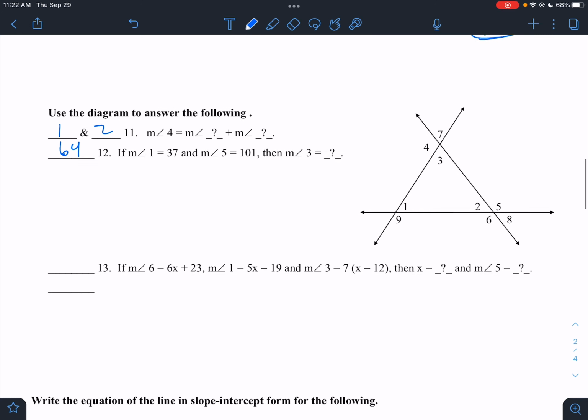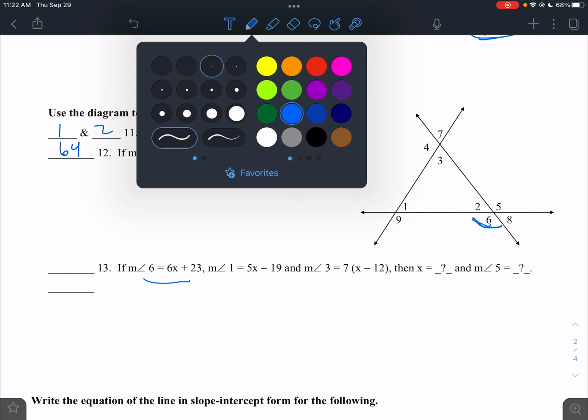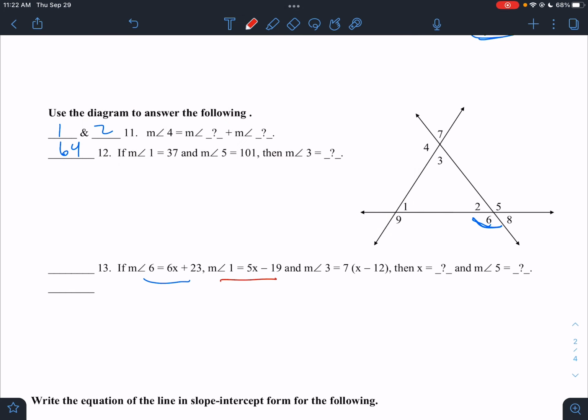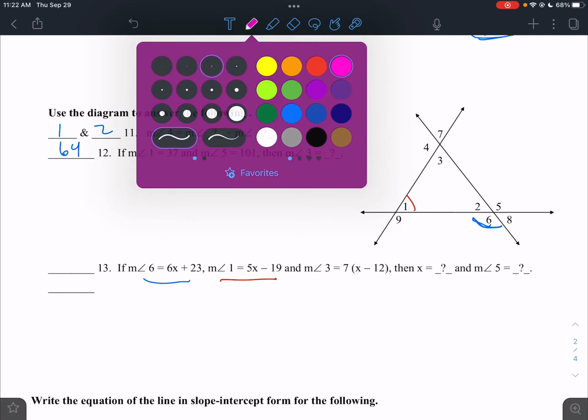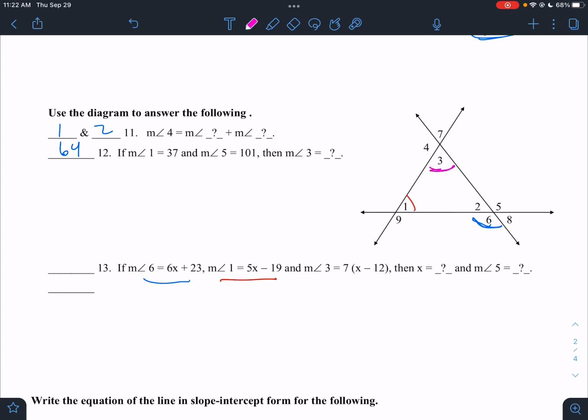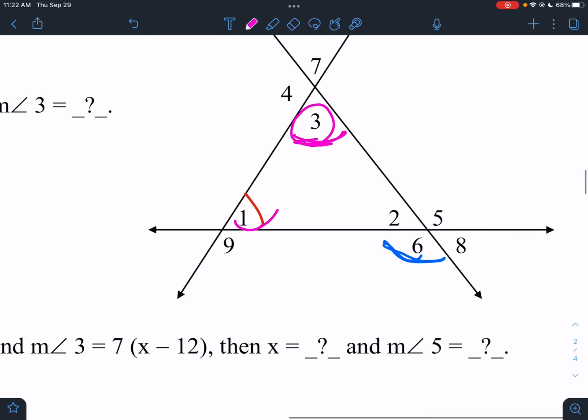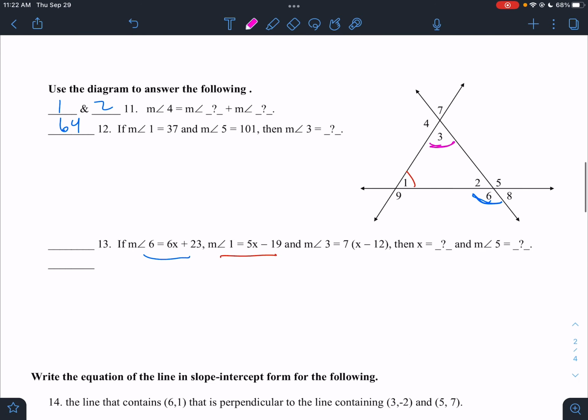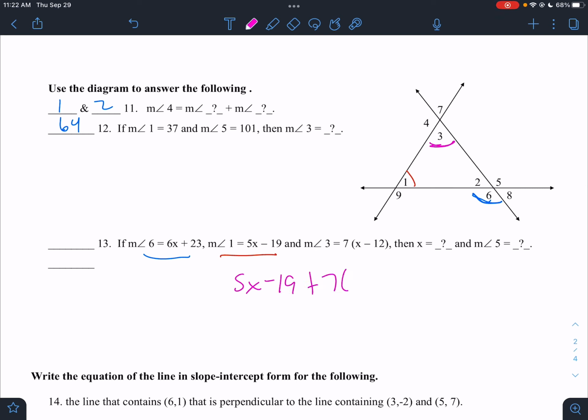If angle 6, I'm not going to fill everything out, but we got 6. We've got angle 1. And we've got angle 3. Same idea, right? Remote plus remote equals E. We know that 1 plus 3 has to equal 6. So let's write it out. 1, 5x minus 19. Plus 3, 7 times x minus 12 has to equal 6x plus 23.